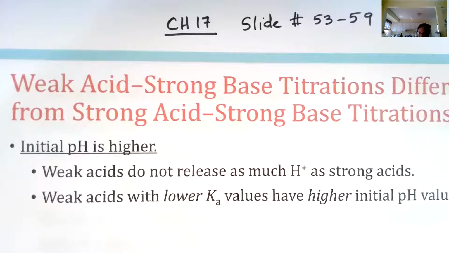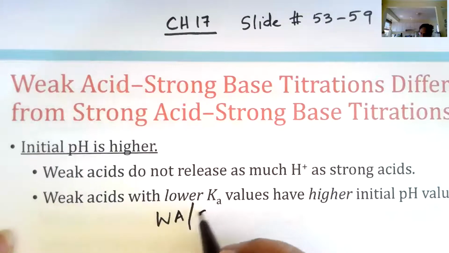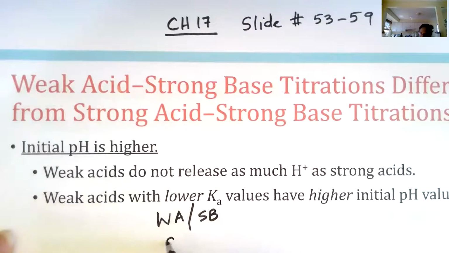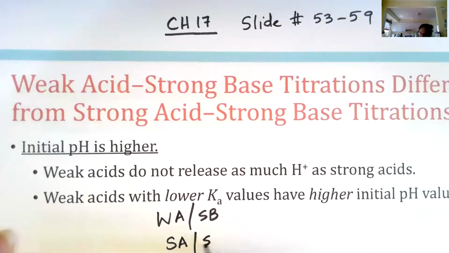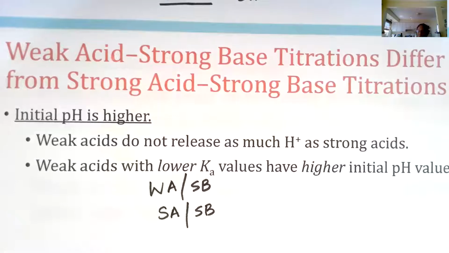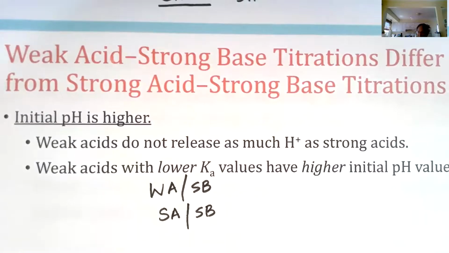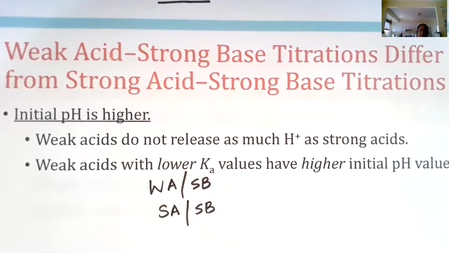Some of the things that we need to note about weak acid, strong base titrations versus strong acid, strong base. And you're learning a little bit more about this also through the lab assignment, the titration worksheet that you're doing.